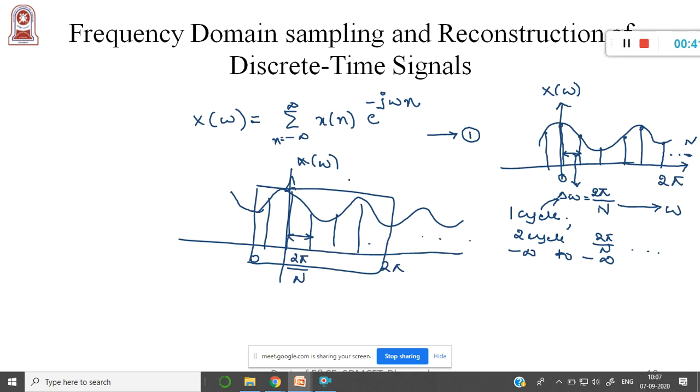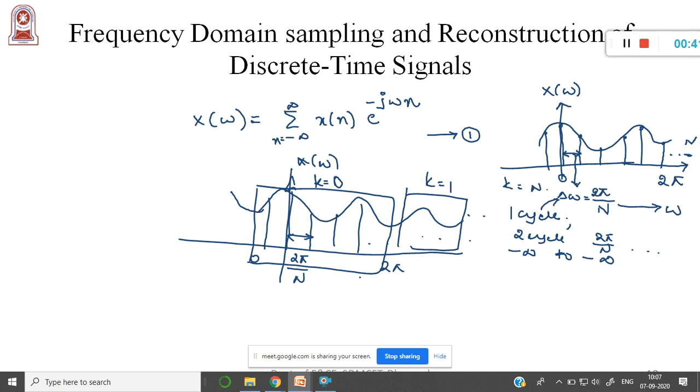Of such, how many cycles are there? So this I represent as k equal to 0th sample, and next will be k equal to first sample, and this continues up to n samples, right?